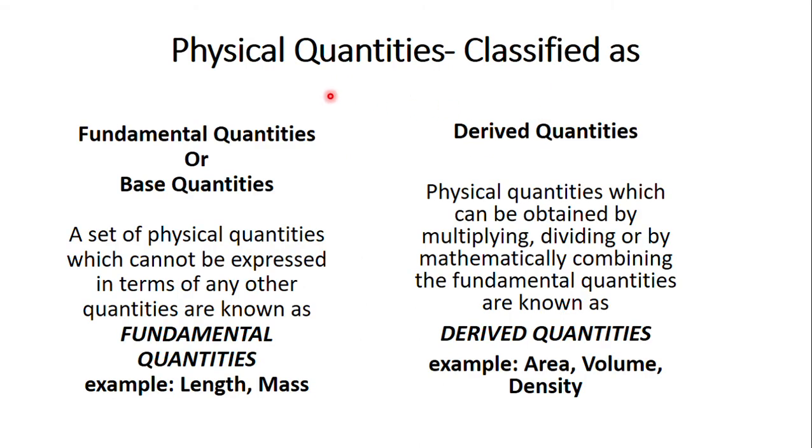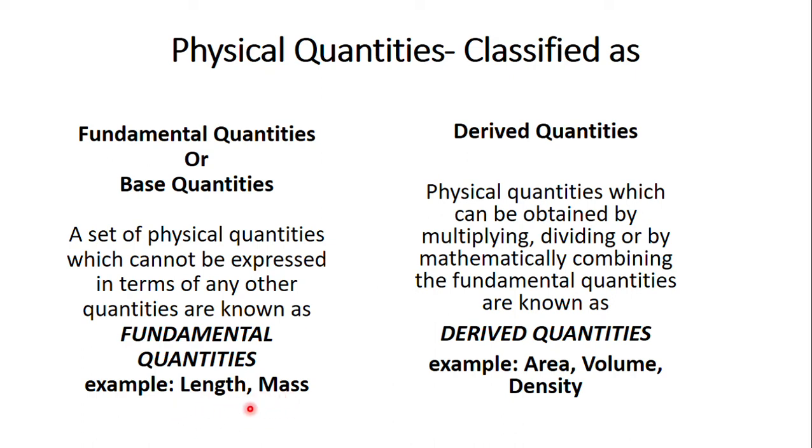So we have learned in our 6th standard that physical quantities are classified as fundamental quantities or base quantities and derived quantities. So what are fundamental quantities? They are the basic quantities which cannot be expressed in terms of other quantities, like length, mass and time. You don't need any formula to express those quantities.